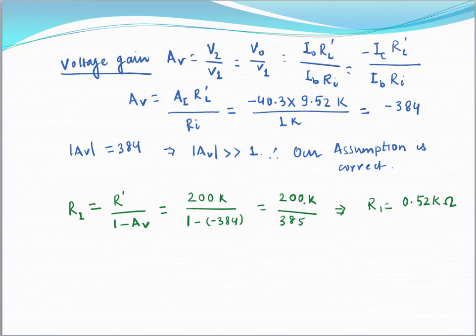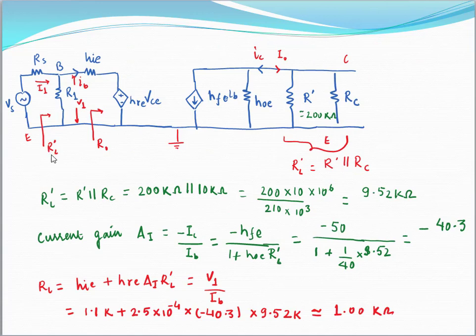So what is the Ri dash here? Ri dash is, we have already calculated the value of resistance at this point, that is the Ri, and this Ri is in parallel with R1, and the parallel combination of Ri and R1 is nothing but Ri dash.